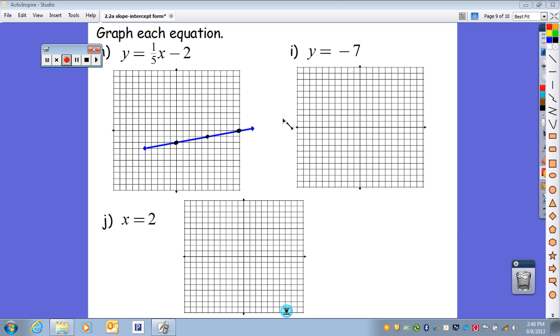In our next example, we have y equals -7. This is an example of a horizontal line. We know that because we don't see an x value present. We just have a y and it's equal to a number. So in order to draw the horizontal line, we're going to find where y is equal to -7.